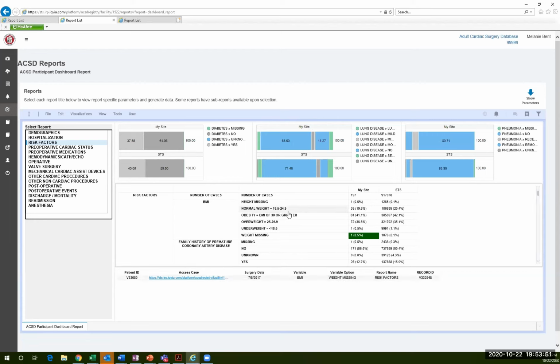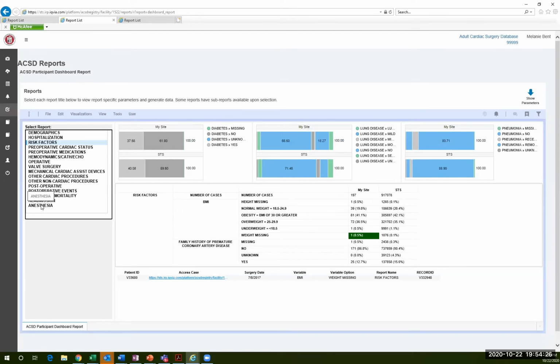So I just wanted to at least point out that within the system, as soon as the information is saved and available within the database, you're able to go in and interact with these reports and get that feedback in real time. And I won't go through each of the sections because, again, time is running out, but I wanted to also show you that the anesthesia section will appear if the site has elected to participate in collecting anesthesia data.